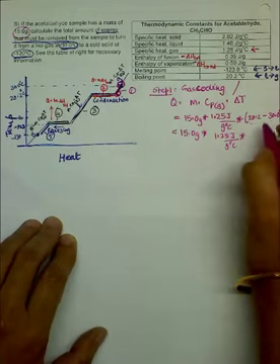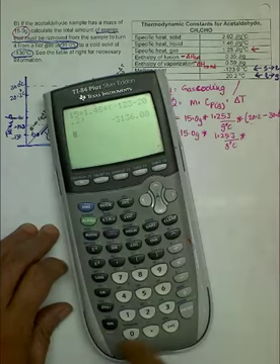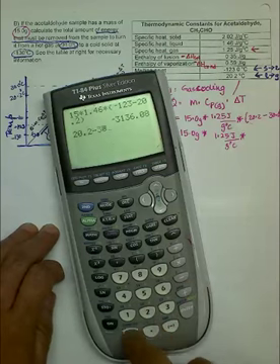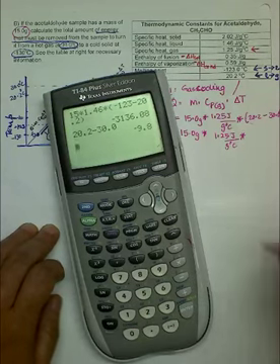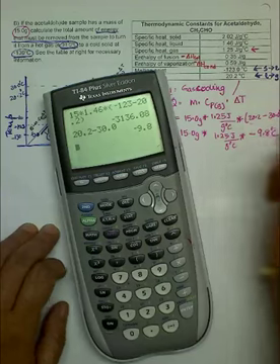My temperature change, if I put it in a calculator, is 20.2 minus 30.0. Therefore, it is minus 9.8 degrees Celsius.